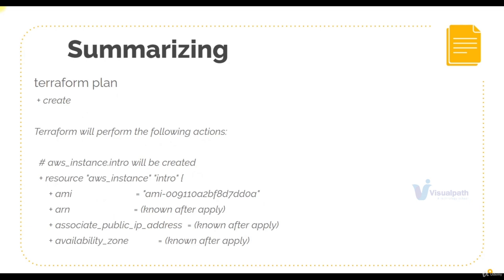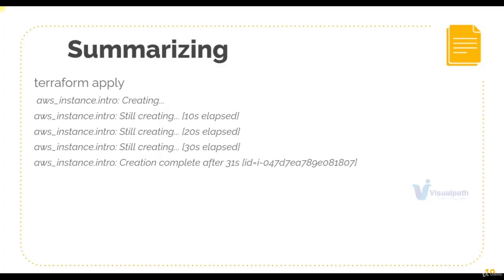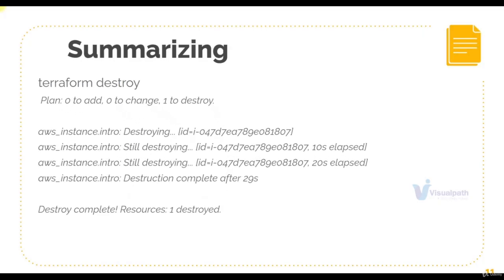Remember, before you apply, do a terraform plan so you can see what is getting added and what is getting removed. Once you're good with the plan, then you can say terraform apply. You should apply all your changes and maintain the state. Once you're done with the exercise, you can say terraform destroy, and it will destroy whatever you created. Okay, that's all in this exercise. We'll then move to the next exercise.